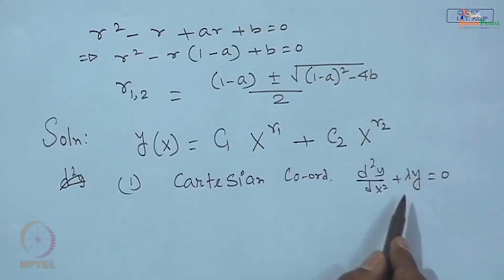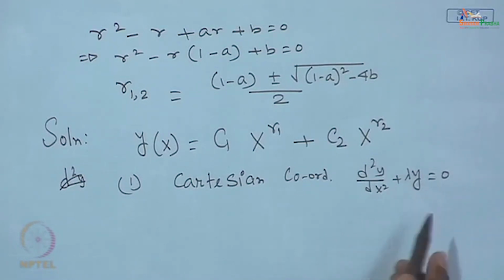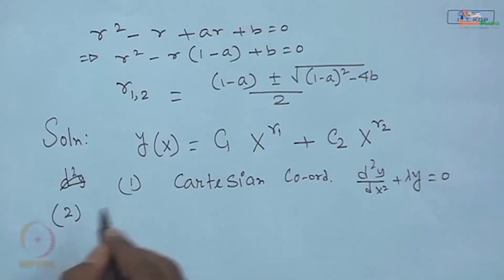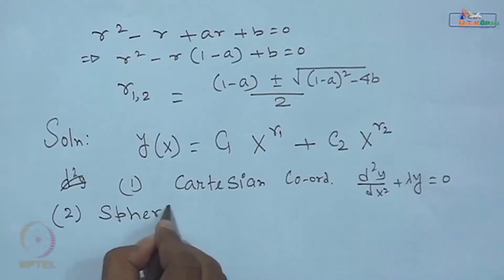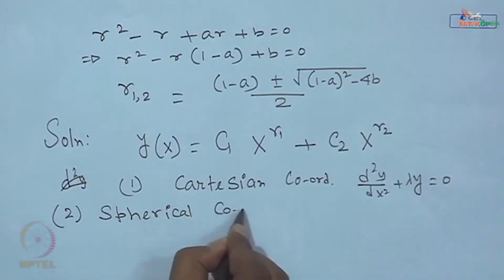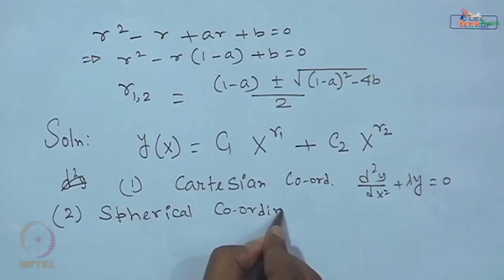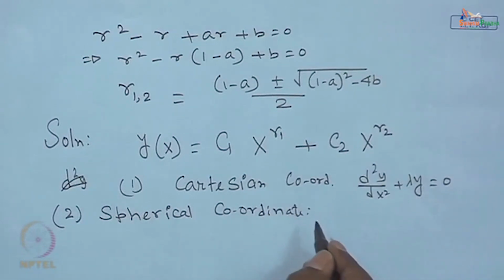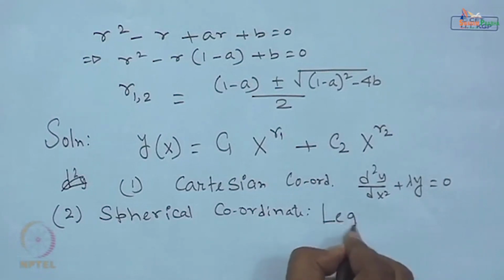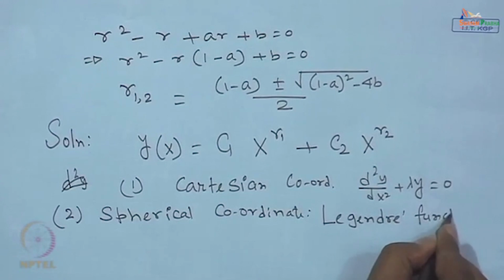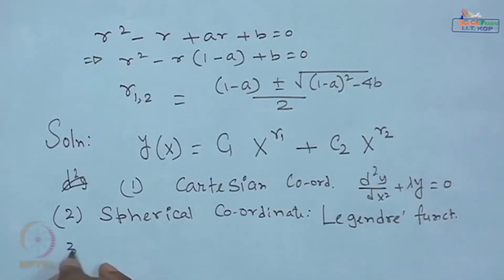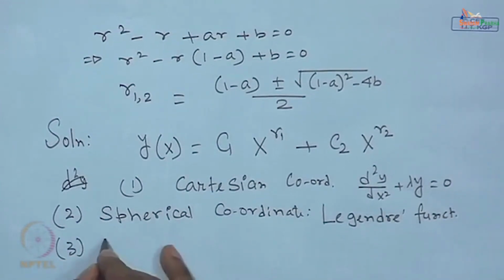We have discussed different boundary conditions and the form of the eigenvalues and eigenfunctions in detail. Then we talked about the differential equation in spherical coordinate. This is given by the Legendre functions. Next, we talked about the cylindrical coordinate.